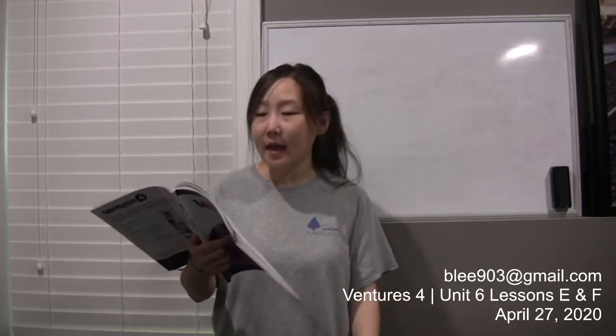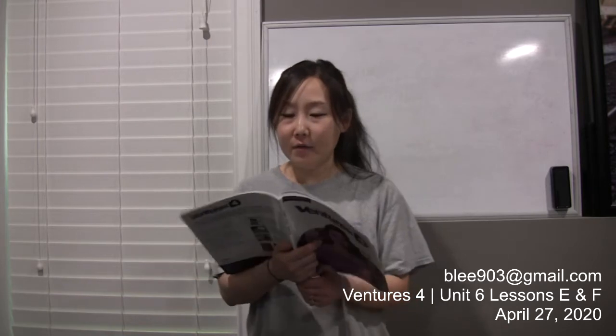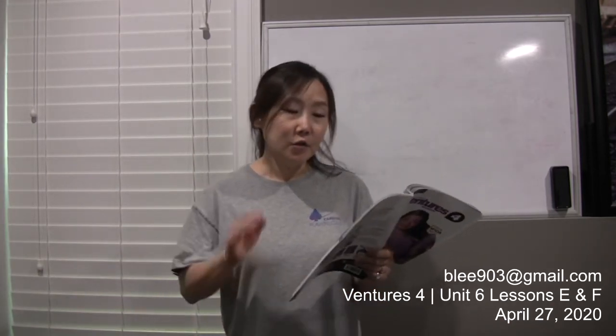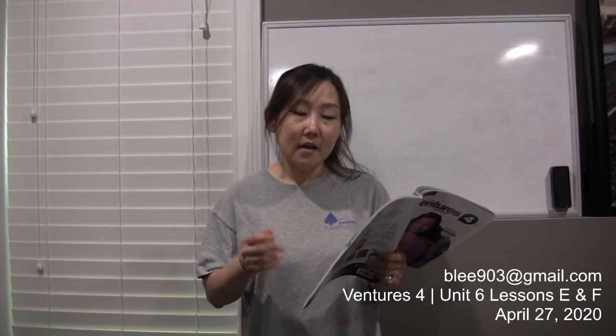Okay, so let's go ahead and look at page 75. Exercise 2. Read the sentences about smartphones, then complete the chart. Okay, so go ahead and take some time to read each sentence and identify if the sentence is an advantage about smartphones or a disadvantage about smartphones.